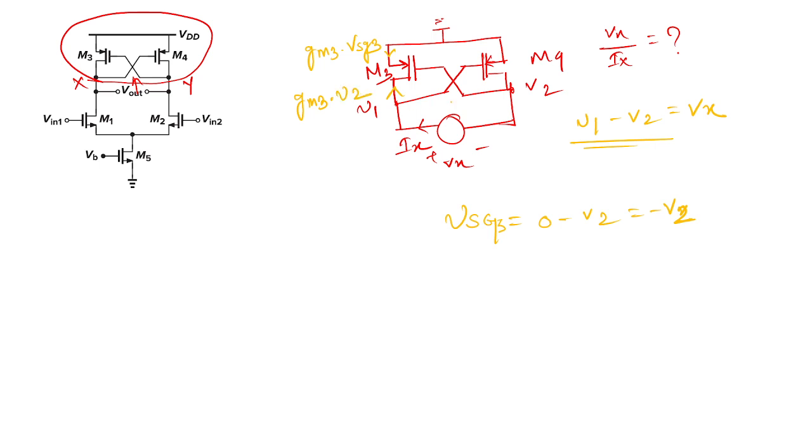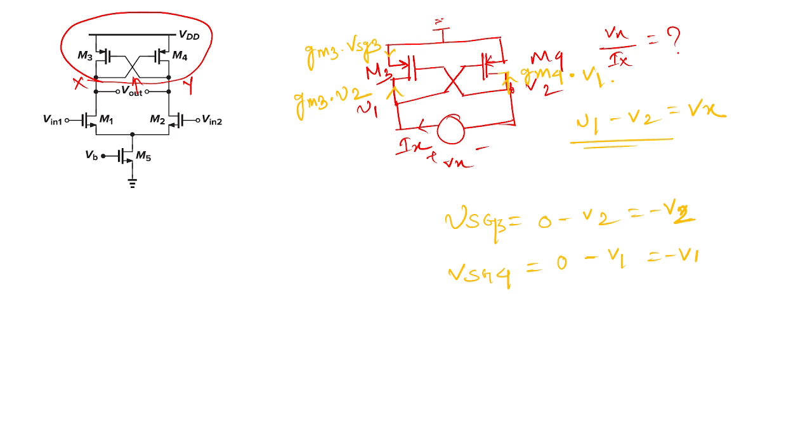Now if you look at M4, VSG4 is equal to 0 minus V1. Similarly, here also the current flows in this direction, whose value is gm4 times V1.